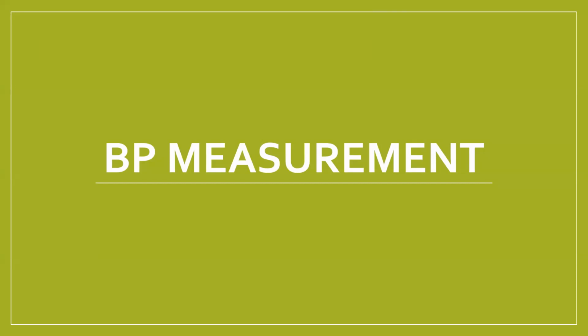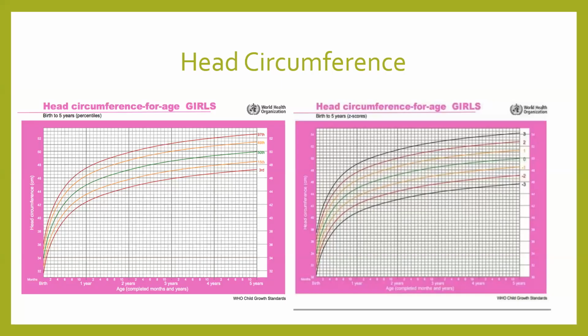Basically, how we measure the head circumference is, using the tape, we take the biggest diameter, the biggest and central diameter. It's not that high above the forehead. It's just above the ears, around the forehead.